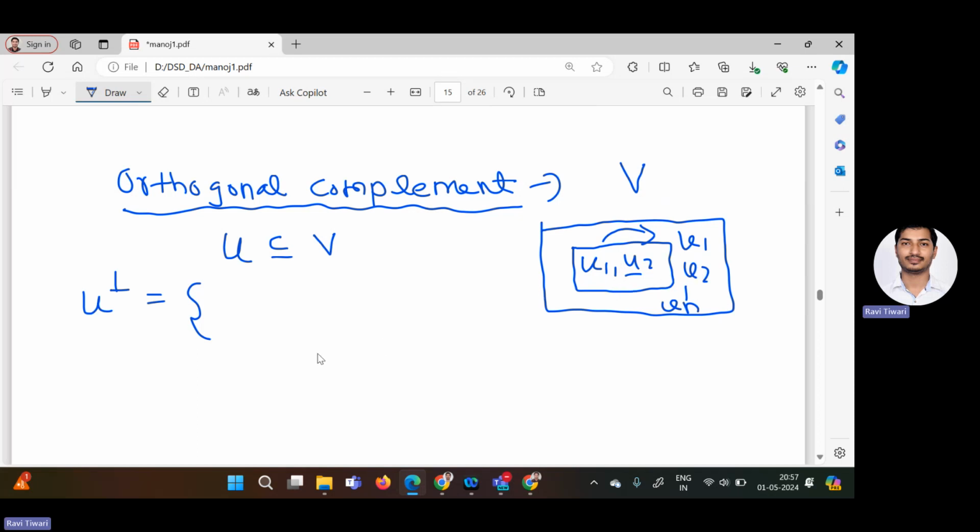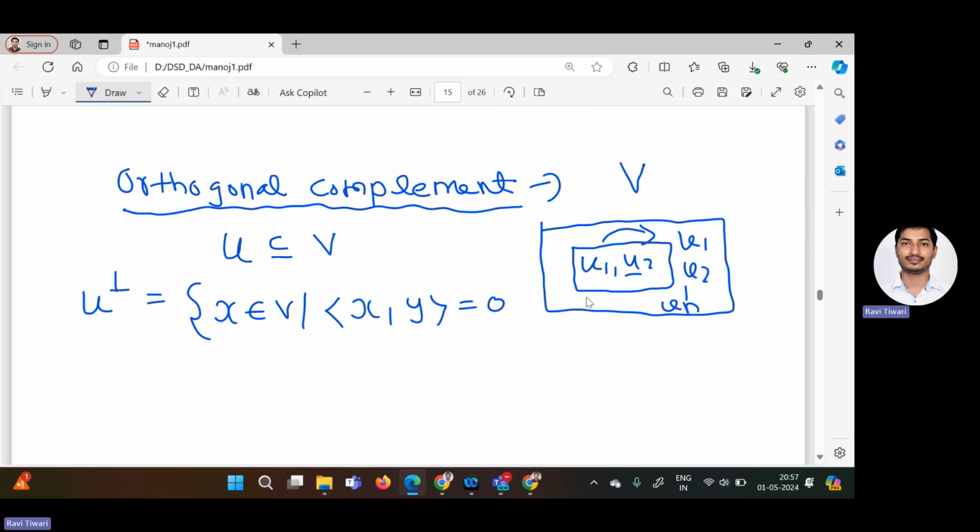And this can be represented as follows: x belonging to V, the set of all those elements of V, such that the inner product of x and y equals 0. What is y?